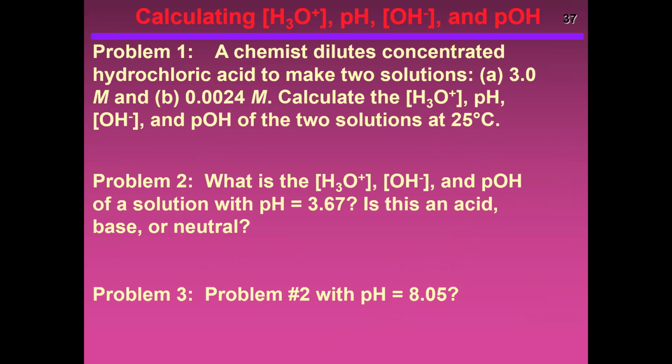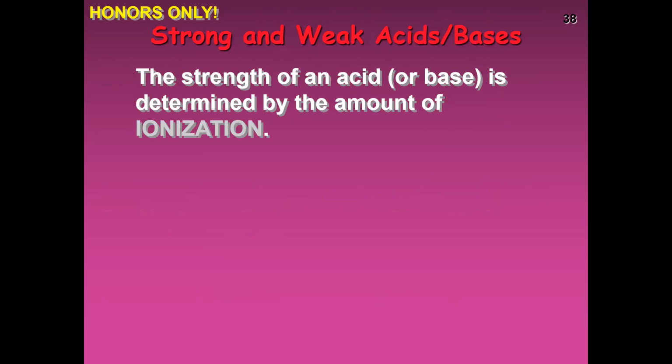All right, so here's the first problem. Let's remember this. A chemist dilutes concentrated hydrochloric acid to make two solutions, A and B. And we did these, didn't we? Yeah, we did do these because I remember putting them in a table. So we've already talked about what makes a strong acid strong and what makes a weak acid weak. It's the amount of ionization.